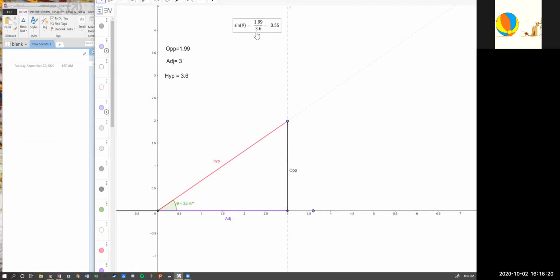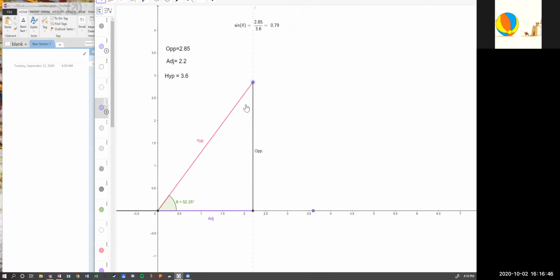So to calculate our sine value, we just take that opposite length, that's this vertical black length here, and divide it by the hypotenuse. Right now, that's this red length. That ratio, in this case 0.55, makes our sine value.